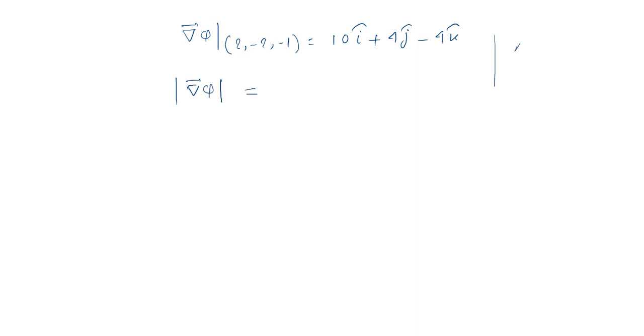Magnitude means, for example, if a is equal to x i cap plus y j cap plus z k cap, what is the magnitude then? The magnitude of this vector, as you all know, is the square root of x square plus y square plus z square.